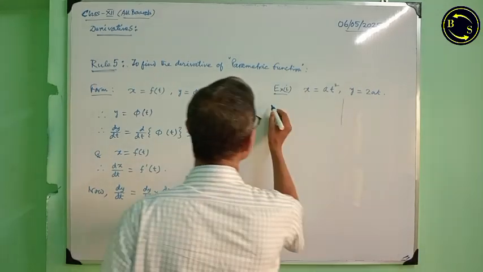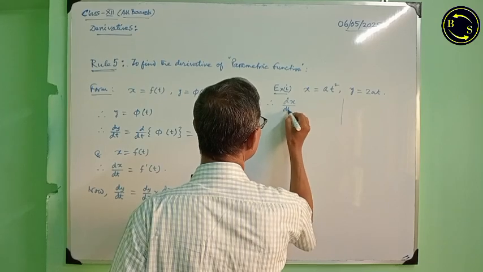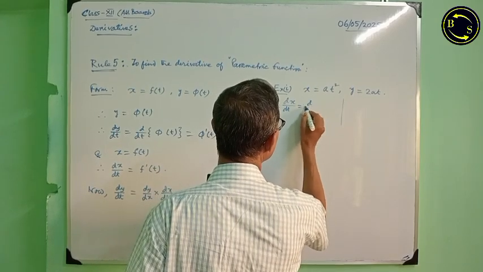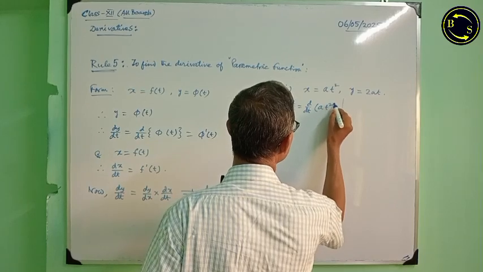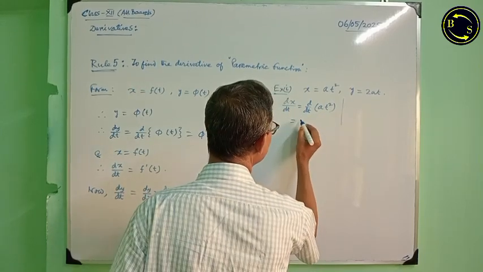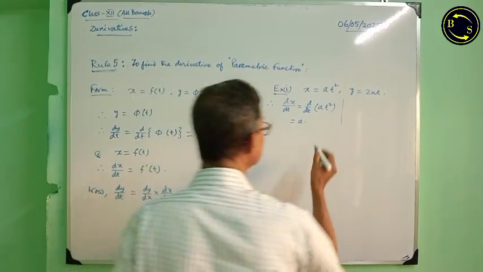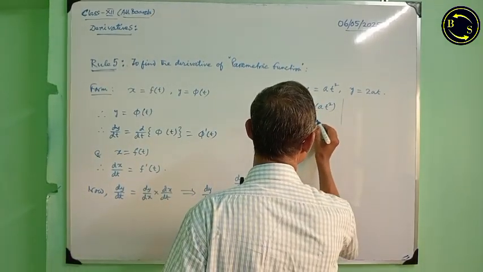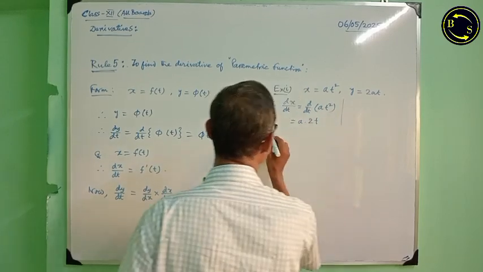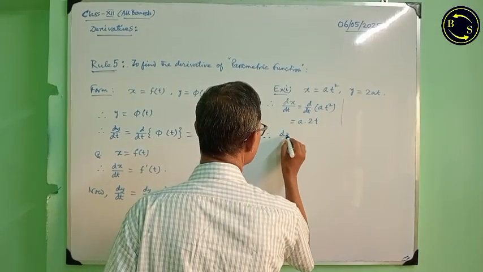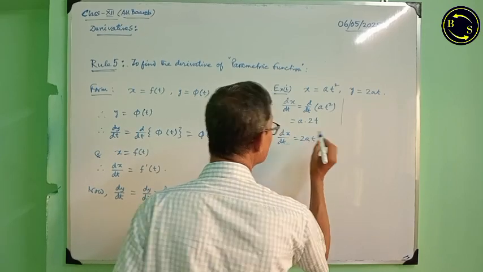I do like this. On the left side I find dx/dt, that is equal to d/dt of at square. Now a is constant, therefore a into derivative of t square, that is 2t. Therefore finally dx/dt equal to 2at.